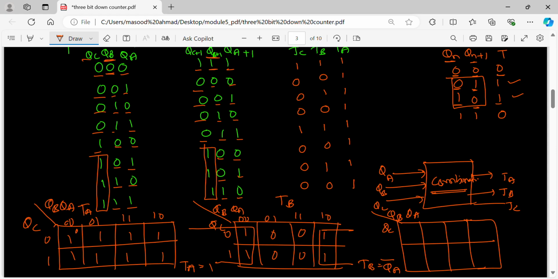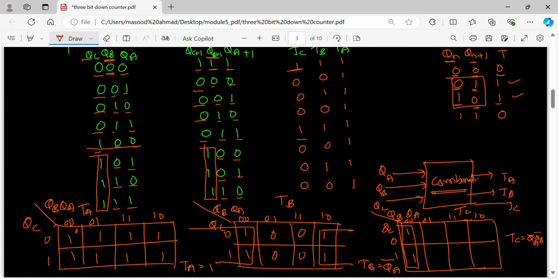TC is 1 for 0 and 1 for 4, which is 1, 0, 0. So I have to combine these two. Rest all zeros: 0, 0, 0, 1, 1, 1, 1, 0, 0 and 1. This is the table for TC, and I get the expression for TC as QA bar and QB bar.